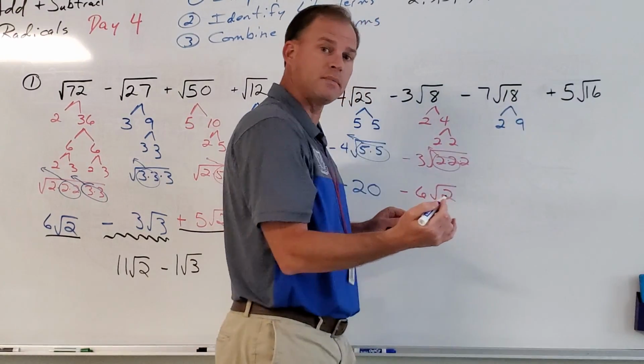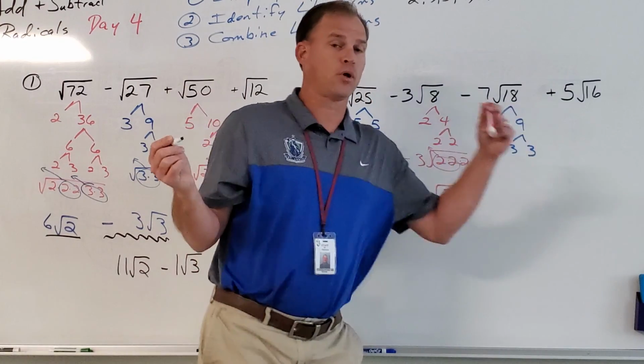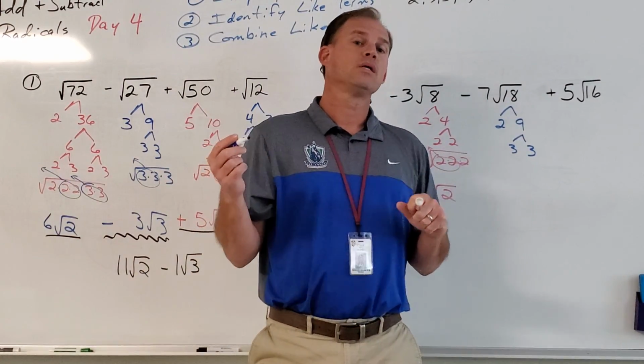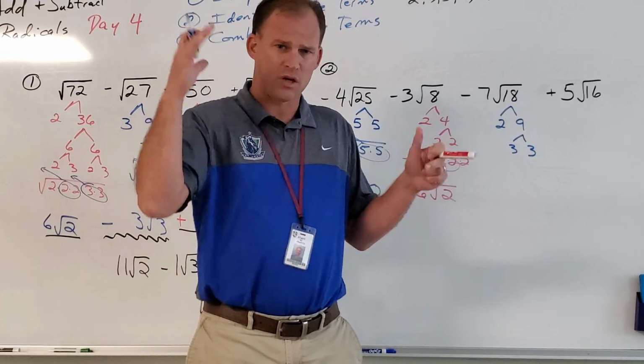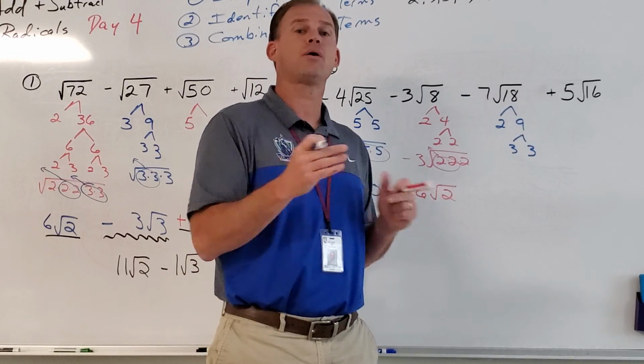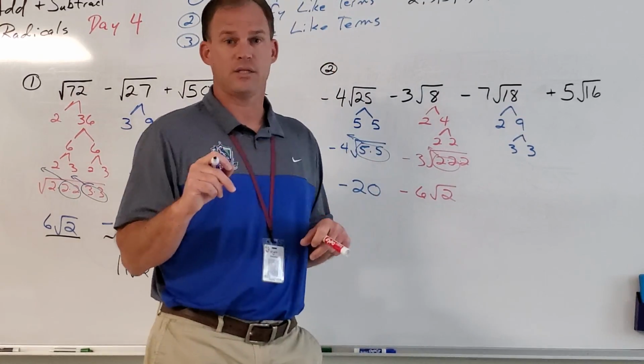18 is 2 times 9. 9 is 3 times 3. I'm going a little quick because we've seen a lot of these numbers before. So hopefully some of them start to kind of stick in your mind a little bit. If not, you should be grabbing calculators and double checking this. Don't have to go as fast as I do.